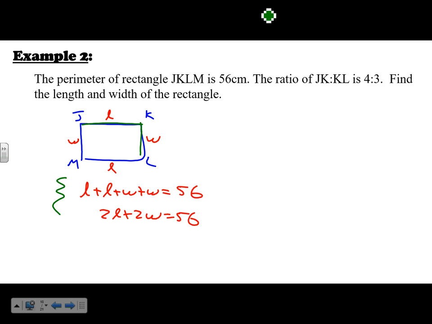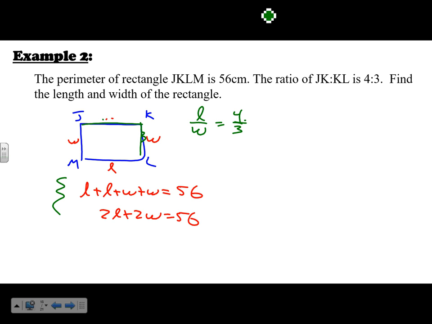So what they mean by that is when you take the length over the width, it's going to end up being 4/3. Find the length and the width of the rectangle. So if it's like that, I'm going to say it's 4L over 3W, no, let me take that back.